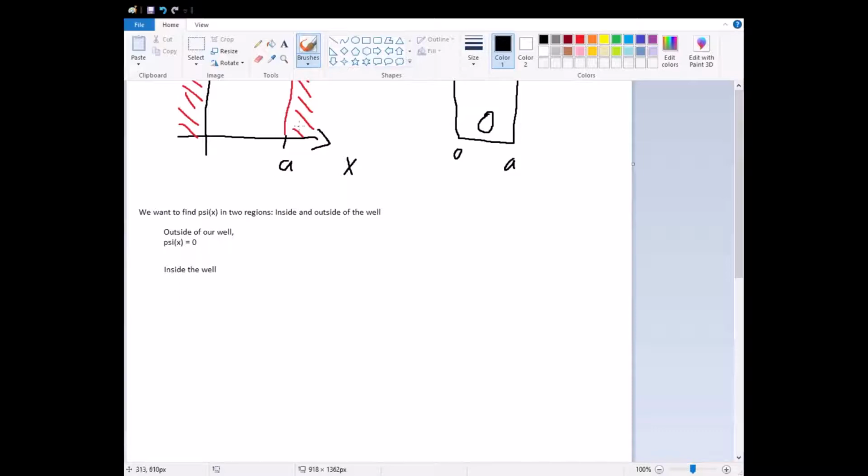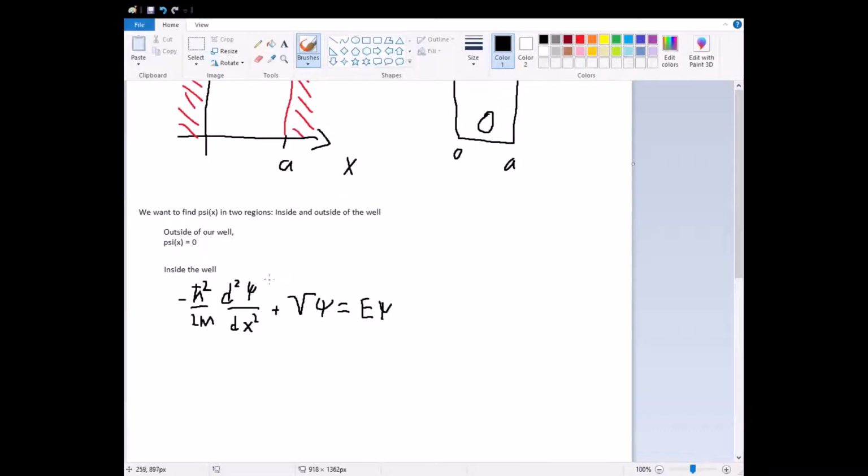Earlier on in 2.1, we defined the Schrodinger equation for the time independent function to be the following: negative h bar squared over 2m multiplied by the second derivative of psi with respect to x squared plus our potential v times psi again is equal to our separation constant, or the energy E times psi again.